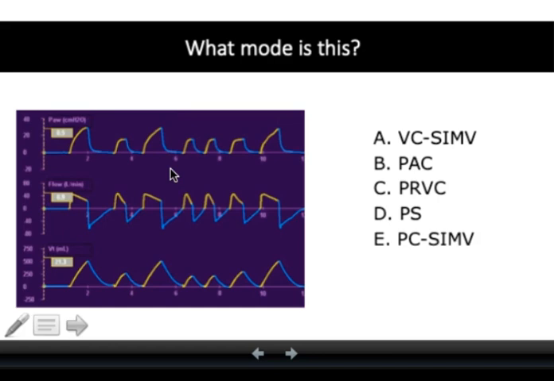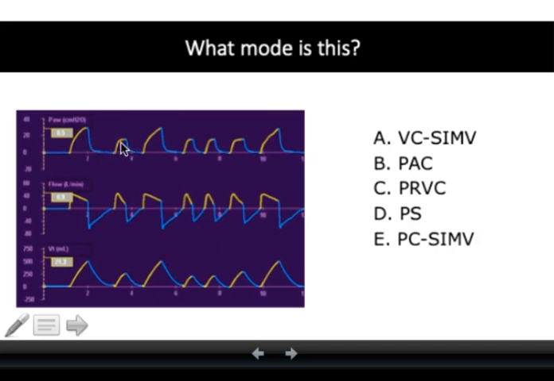Now, once we decided that, we can determine, is it assist control or SMV mode? And as you know, with assist control, all breaths should look very similar, which is not the case in here. But here you can see an assist control breath with some negative deflection. That means the patient triggered this breath. And then you see a smaller breath.